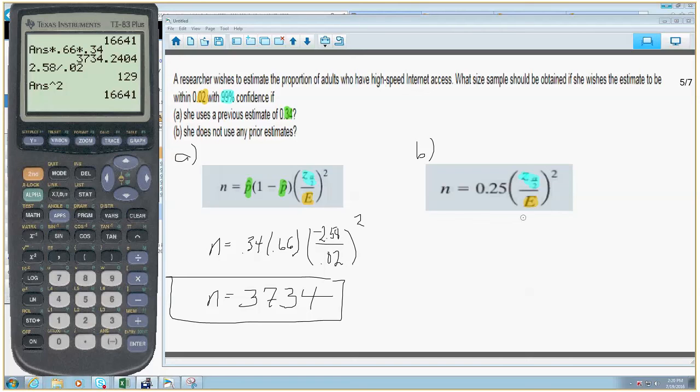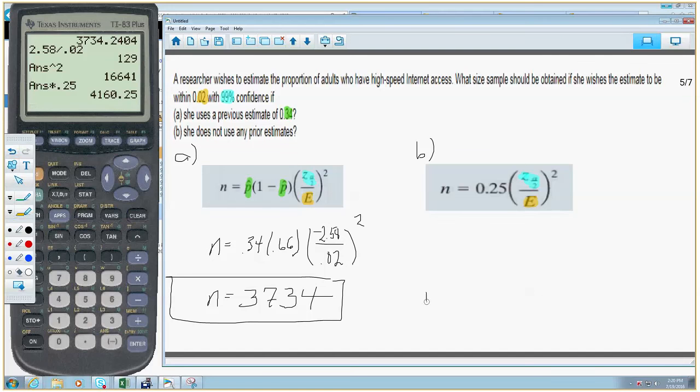So that's 16 and so on, multiplied by 0.25. 4160. So you're talking a difference of what? 400 surveys? So it really doesn't matter.